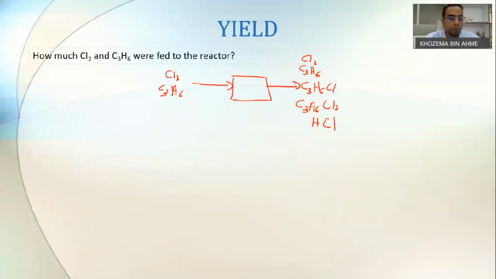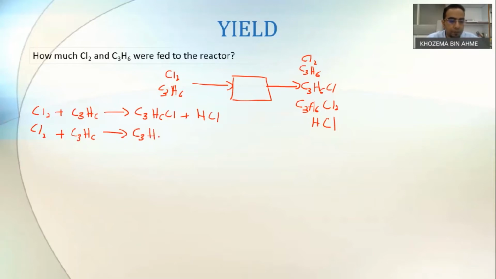And then I think it's best if we write back our equation. So we have Cl2 plus C3H6 will get C3H6Cl plus HCl, and then we have Cl2 plus C3H6, and then we'll get C3H6Cl2.